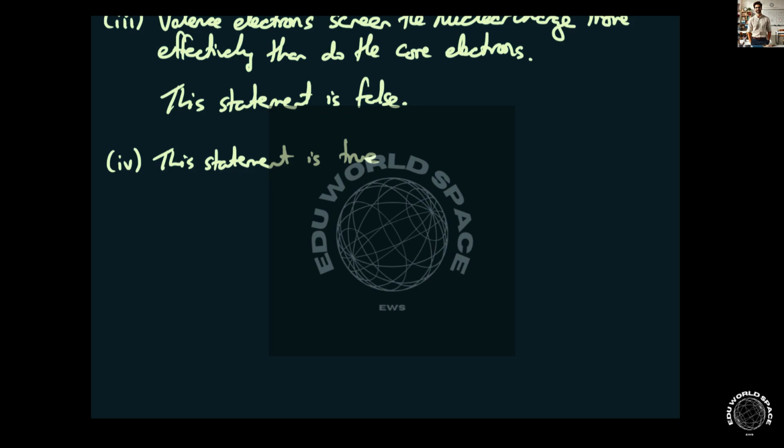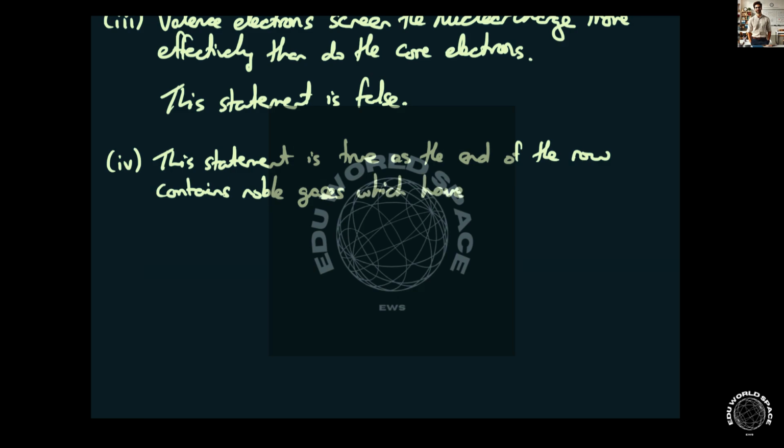As the end of the row contains noble gases, which have fully filled orbitals, while the beginning of the row, if we look at rubidium, has a single electron, and that would provide shielding.